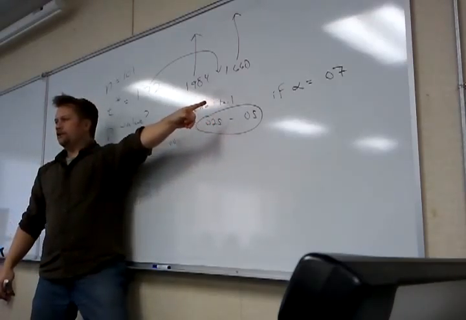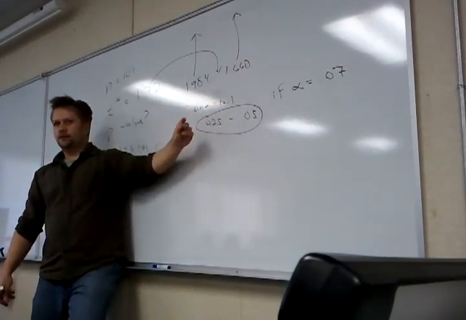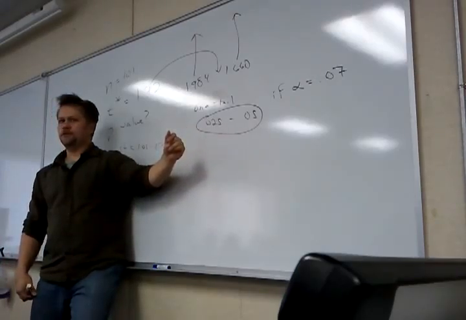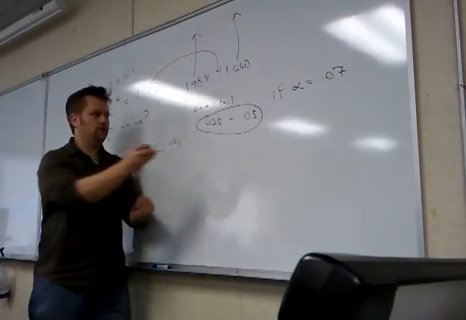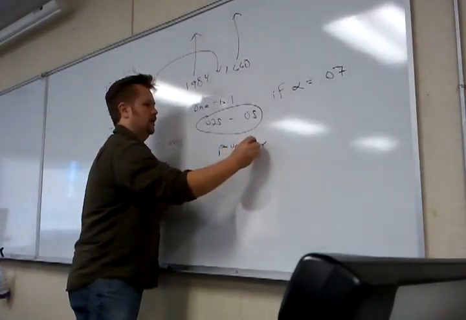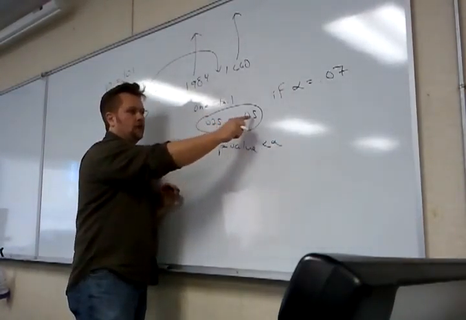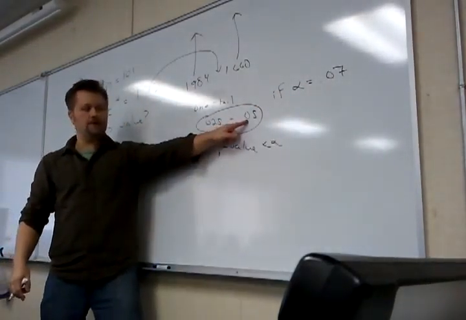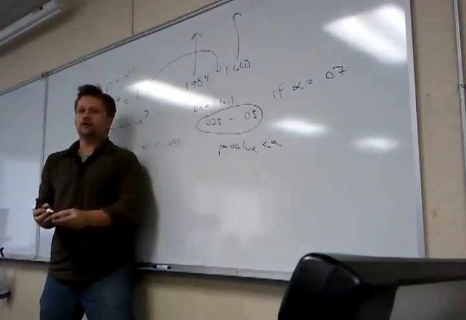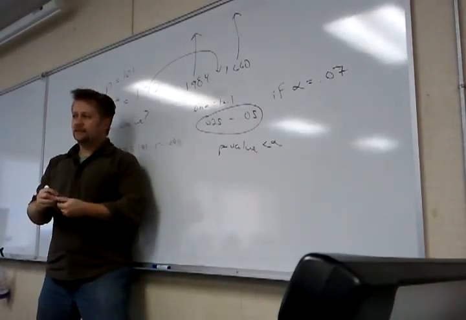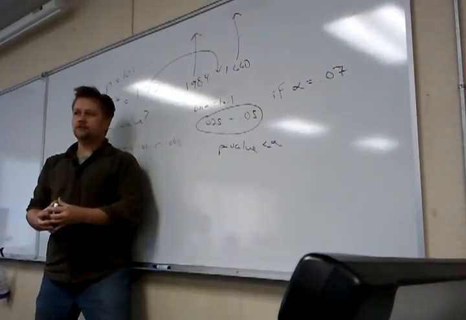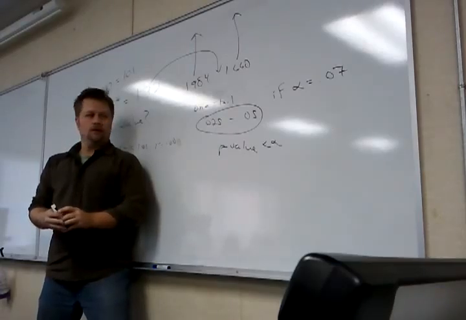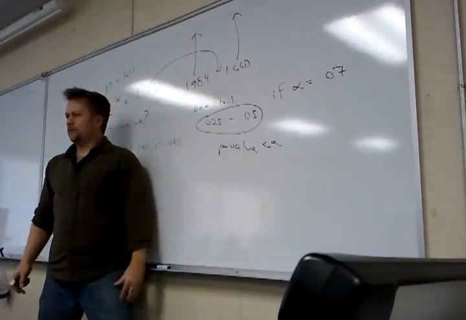Would I fail to reject, or would I reject the null? Reject. What's going to happen for it to reject the null? The p-value has got to be less than alpha. Well, my p-value is in between those, and my alpha is 0.07. The biggest my p-value could be is 0.05. So yeah, I would reject the null then, right? So I can still make decisions on a lot of problems, even if I just have a range of values for my p-value.